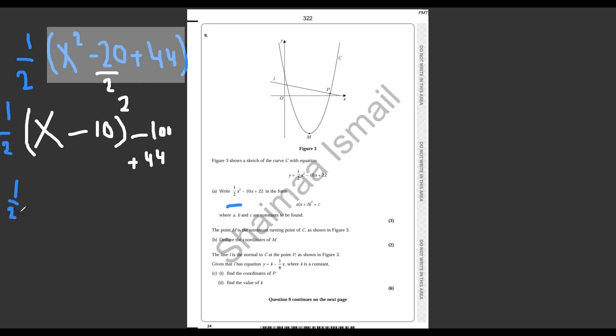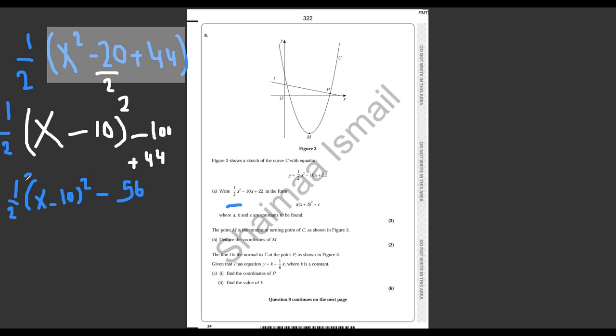It will be half multiplied by x minus 10 squared, and here we have minus 100 plus 44, which is minus 56.